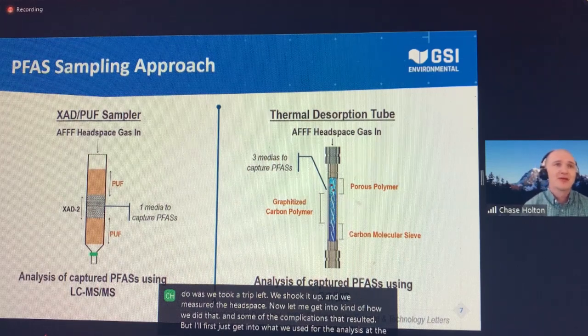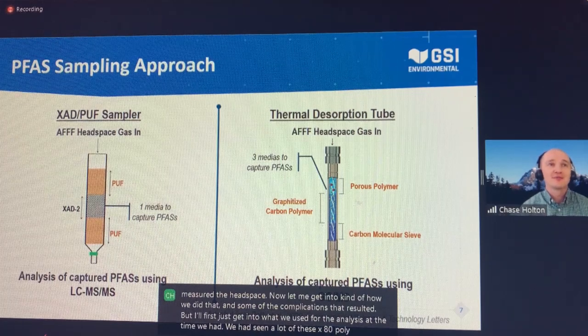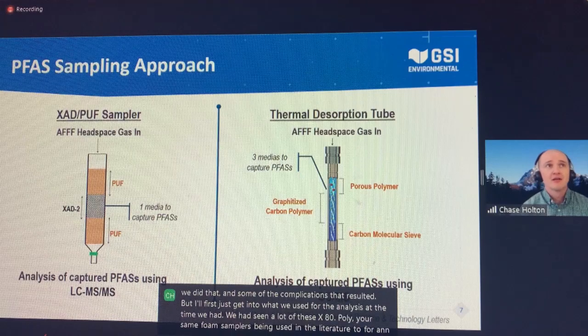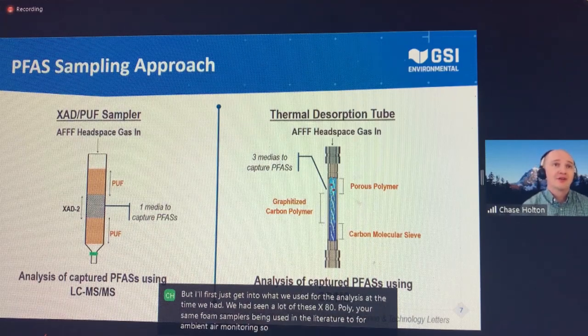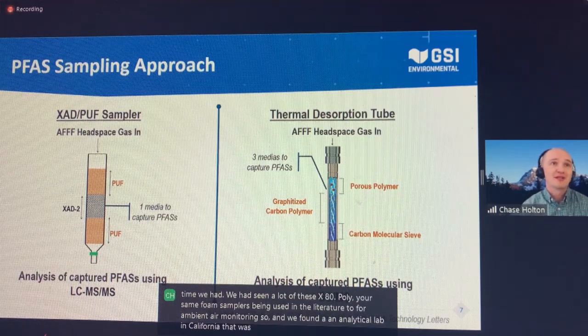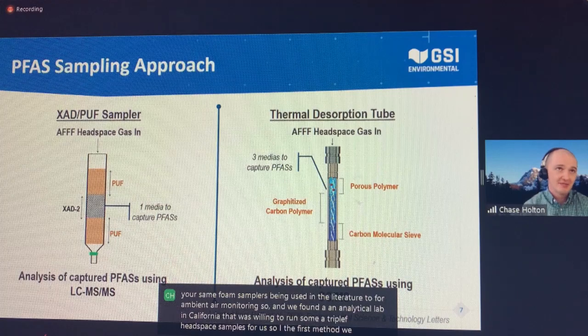At the time, we had seen a lot of these XAD polyurethane foam samplers being used in the literature for ambient air monitoring, and we found an analytical lab in California that was willing to run some AFFF headspace samples for us. So the first method we used was this PUF sampler.